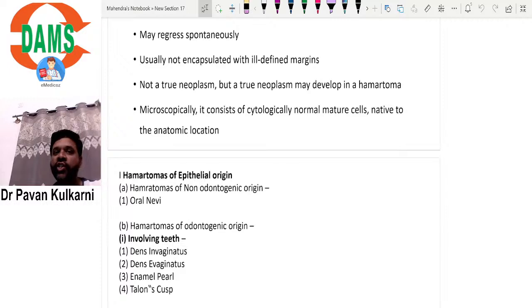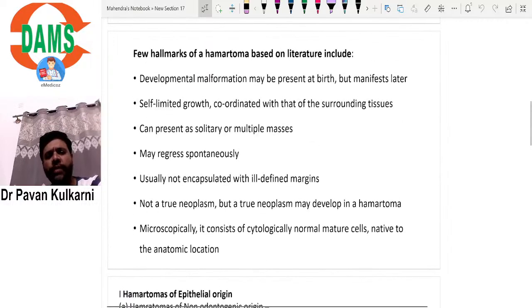Junctional nevi won't regress on its own. Whatever these characteristics are, they are usually not applicable 100% to all. If at least a few are there, then it is a hamartoma. That is why they have given may regress spontaneously; it's not that they always regress.